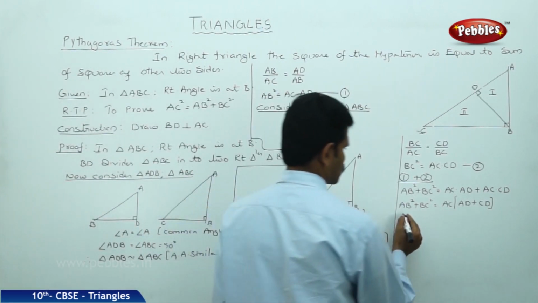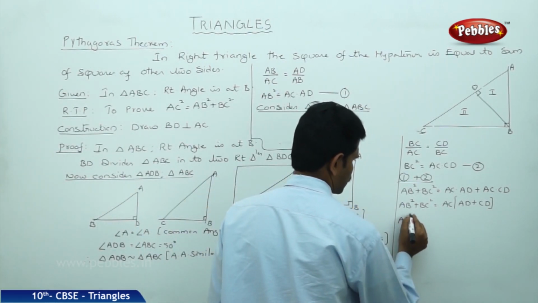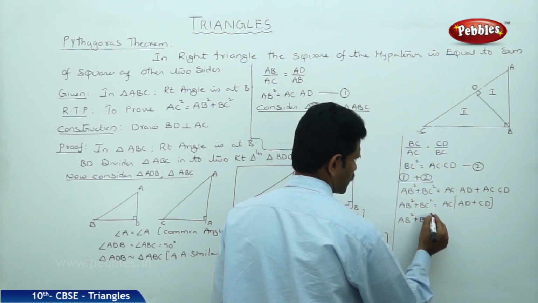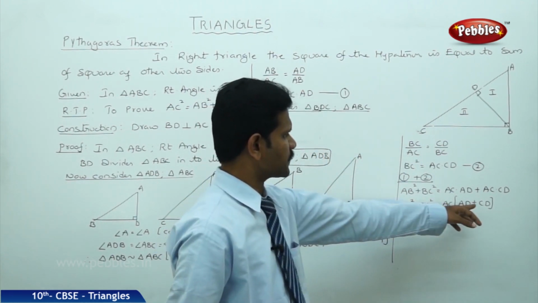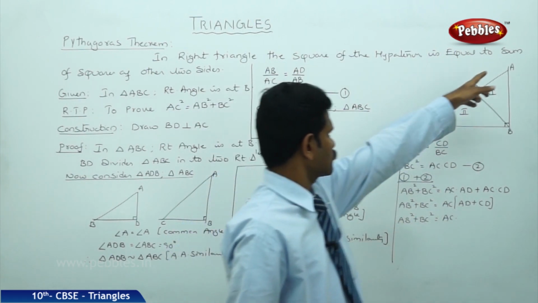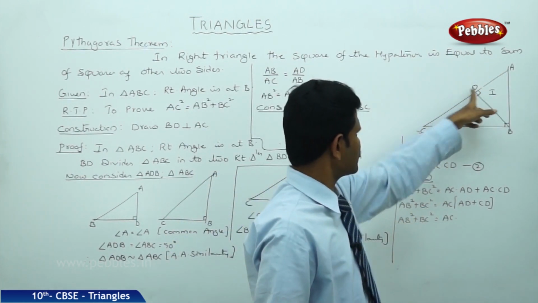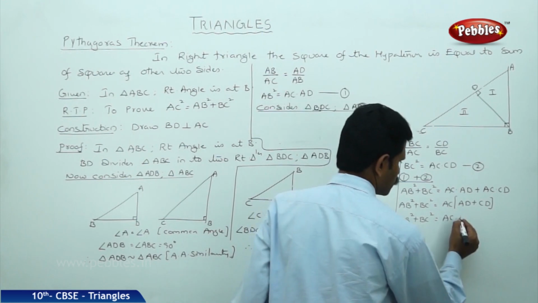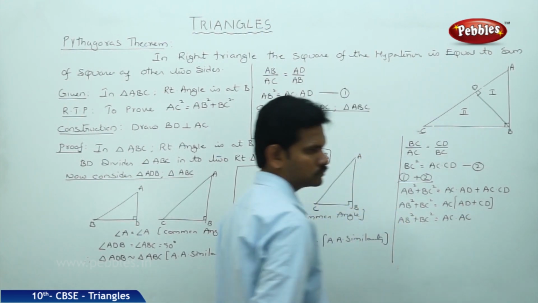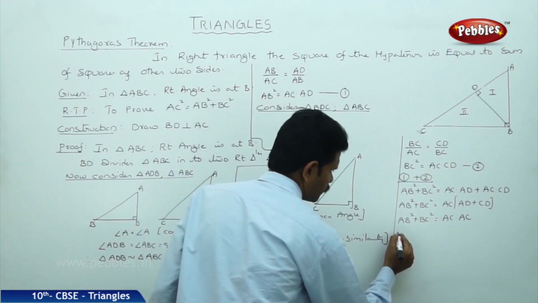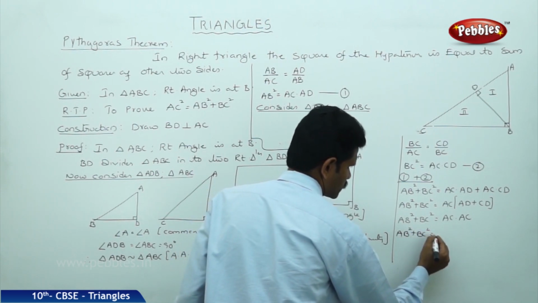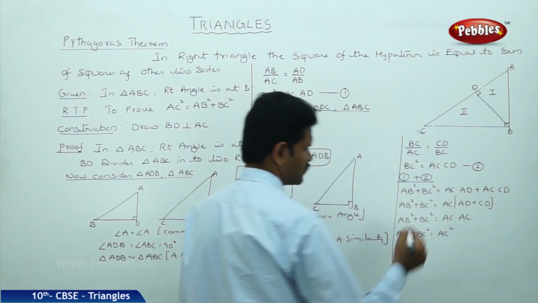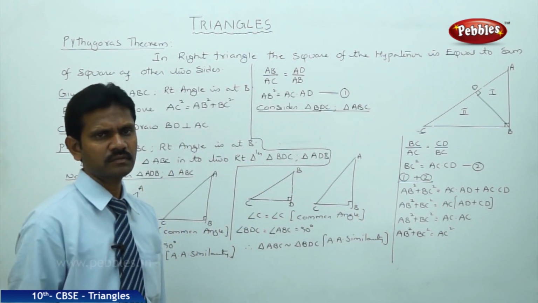That is AB square plus BC square is equal to AC into AD plus CD. From the diagram, AD plus CD gives you AC. Therefore, AB square plus BC square is equal to AC square.